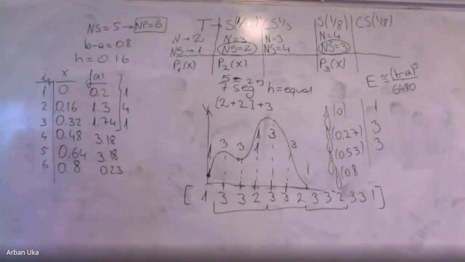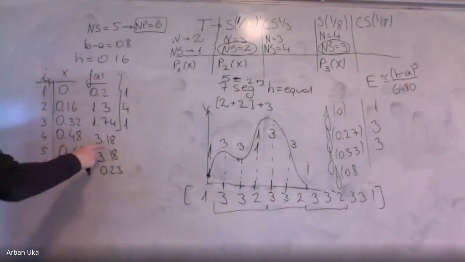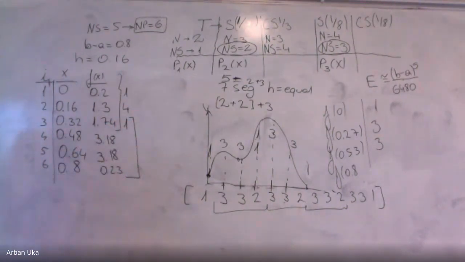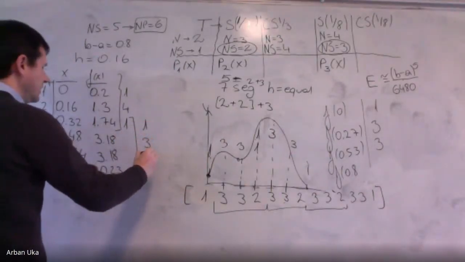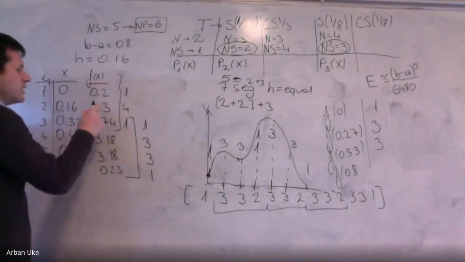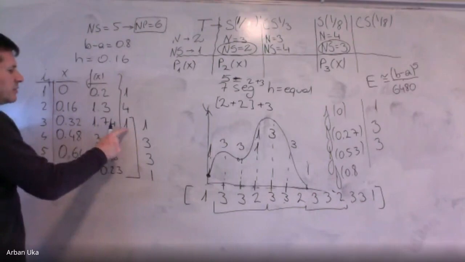0.23. So we covered these 2 intervals, but then we can apply on the other side the Simpson's 3/8 rule. And the coefficients here are what we looked at a moment ago. They had 1, 3, 3, 1. So we had 1, 3, 3, 1. Okay? So finally, what one has to do, we need to multiply 0.2 with 1, 1.3 with 4, and this will be multiplied by 1.